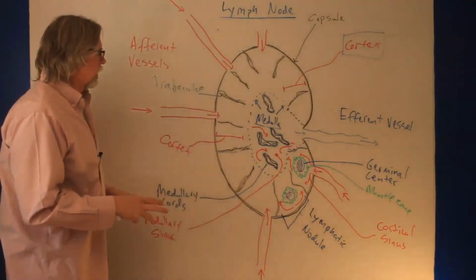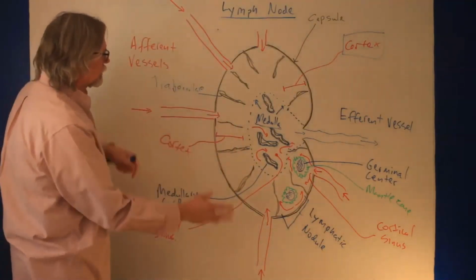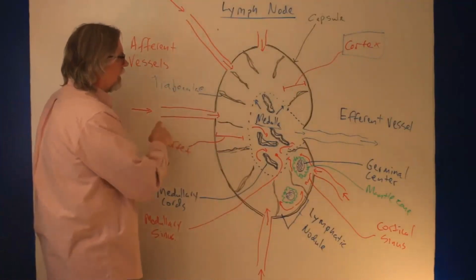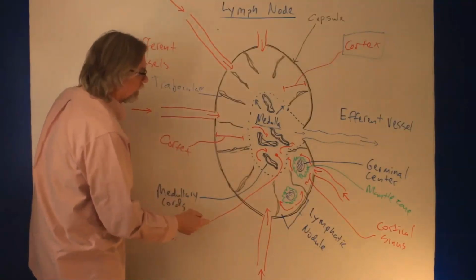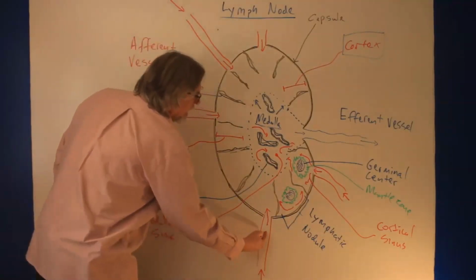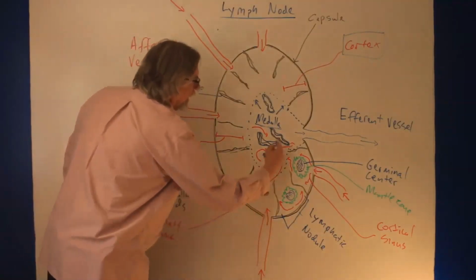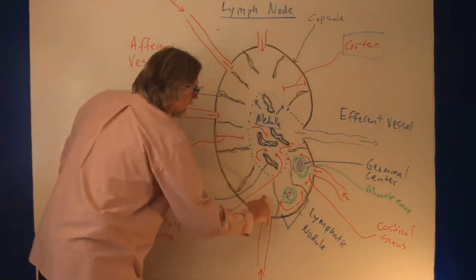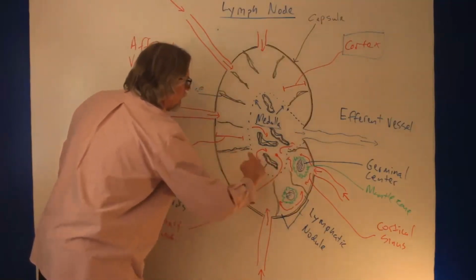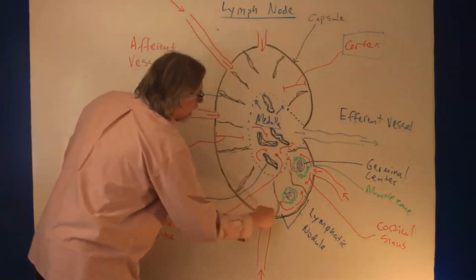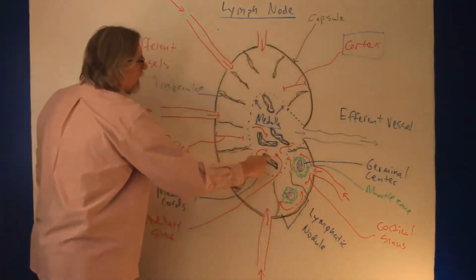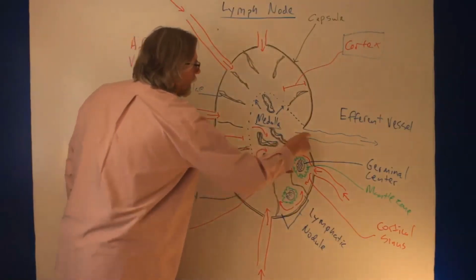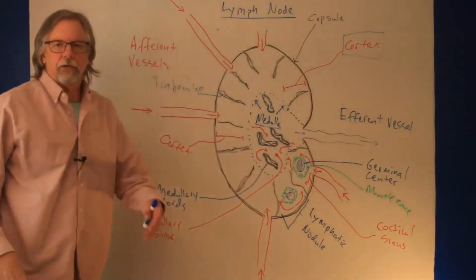Okay? So because of this structure, there's a non-direct pathway, let's put it that way, between where lymph enters in an afferent vessel and where it exits in an efferent. It has this kind of contorted pathway to get around the nodule in the cortex and then to get around the medullary cords in the medulla till it can eventually exit.